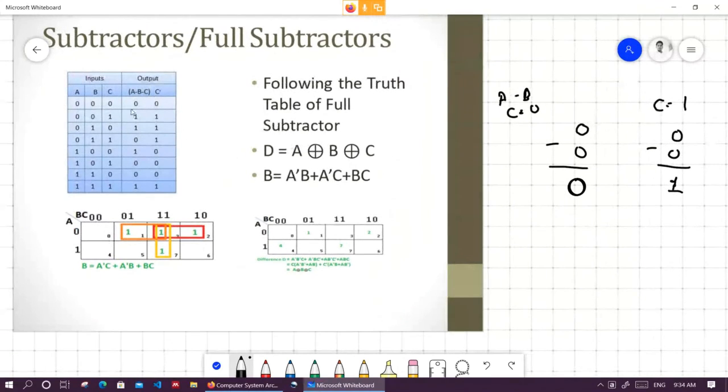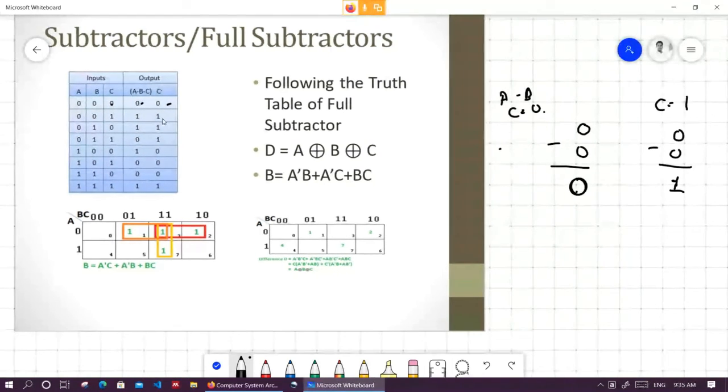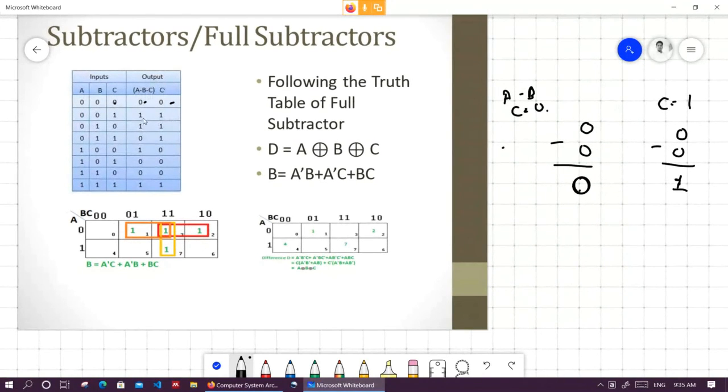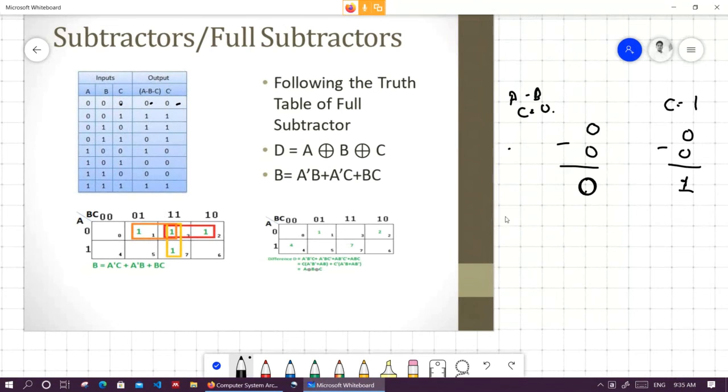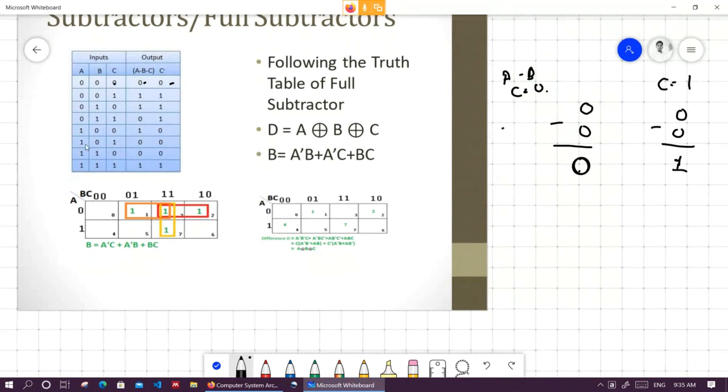So you can see that for 0 0 0, the difference is 0 and borrow out is 0. And when borrow in is 1, the borrow out will be 1 and the difference will be 1. Now let's take this example, 1 minus 0 and there is a borrow in of 1.